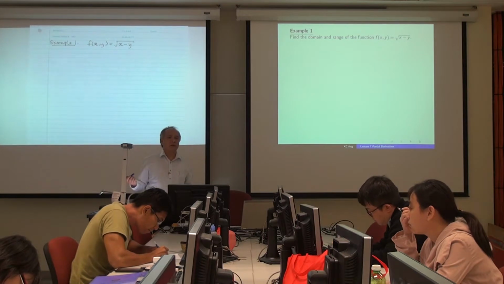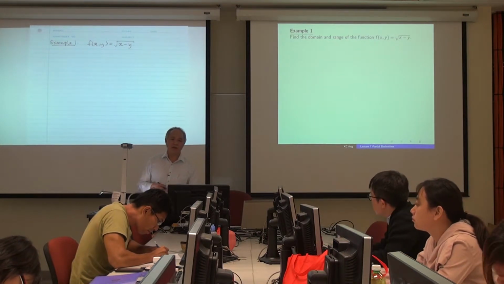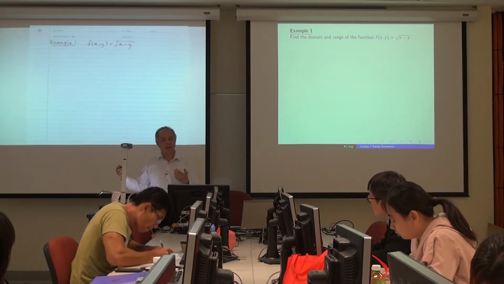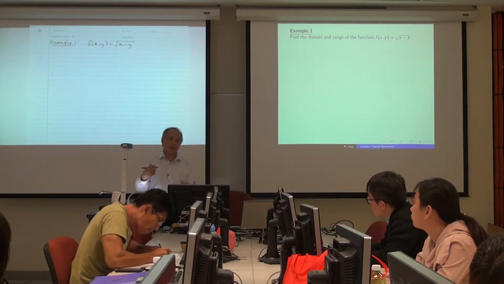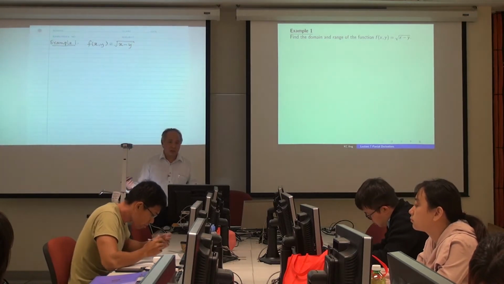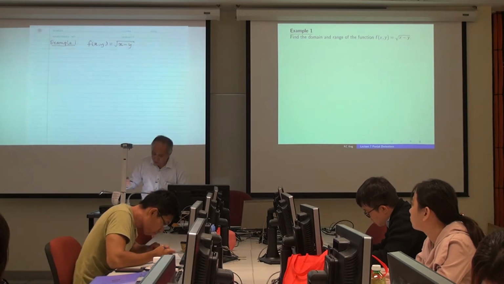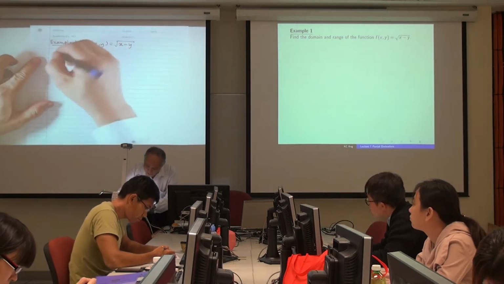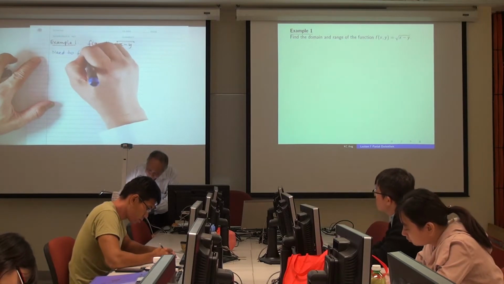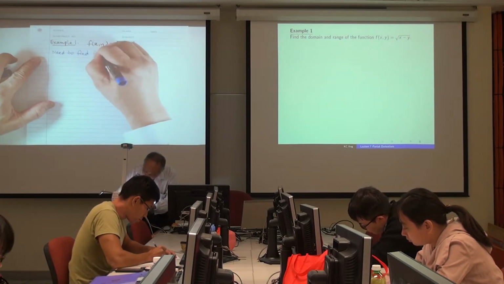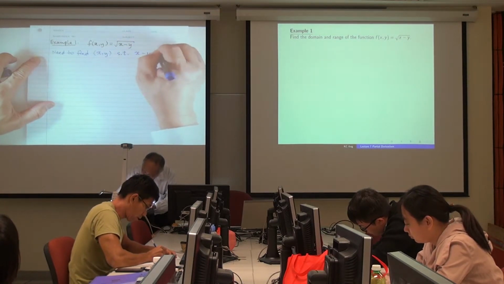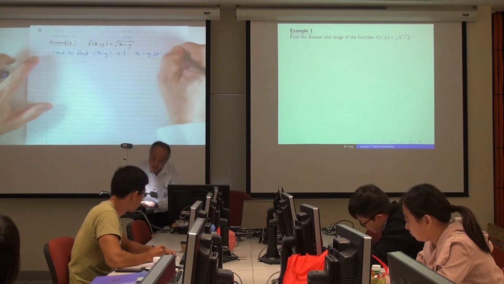So what would be the possible real values for f(x,y)? We look at the expression square root of x minus y. So long as x minus y is non-negative, you can find the square root. And if you can find the square root, it will be a real number, right? Which means that we need to find the ordered pair (x,y) such that x minus y is bigger than or equal to 0.